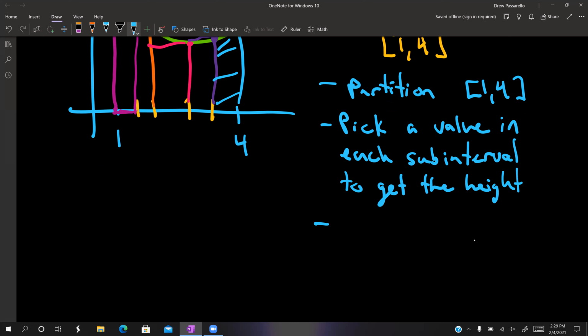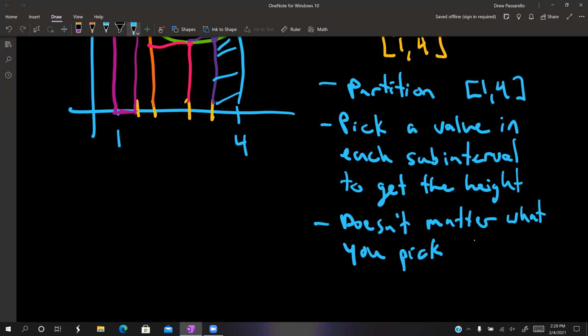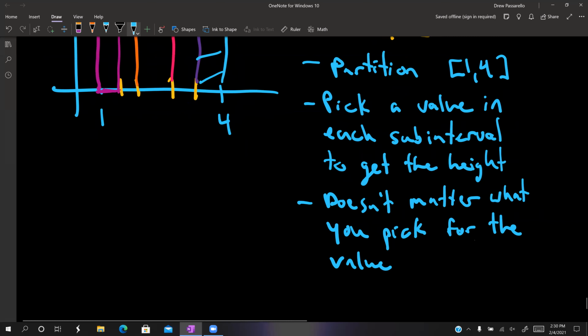And for this value that I pick, it actually doesn't matter which value you pick in the subinterval when you use an infinite amount of rectangles.